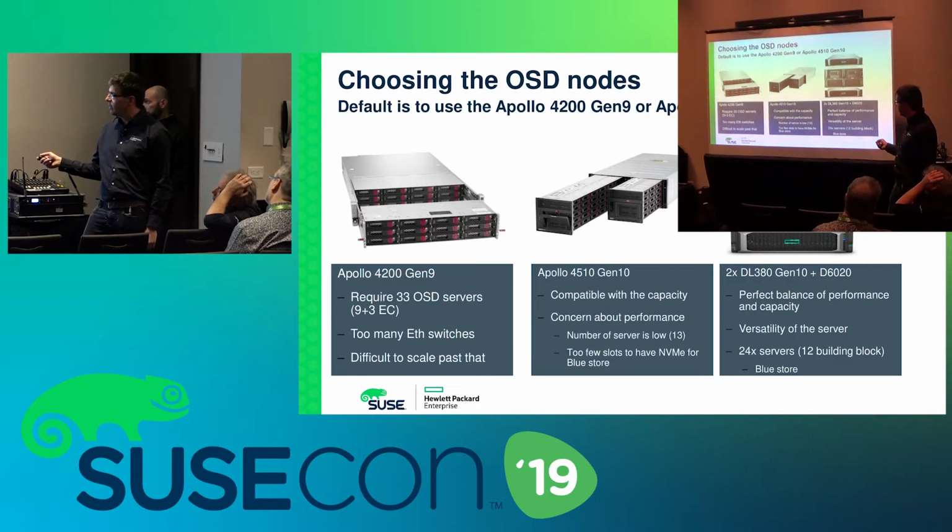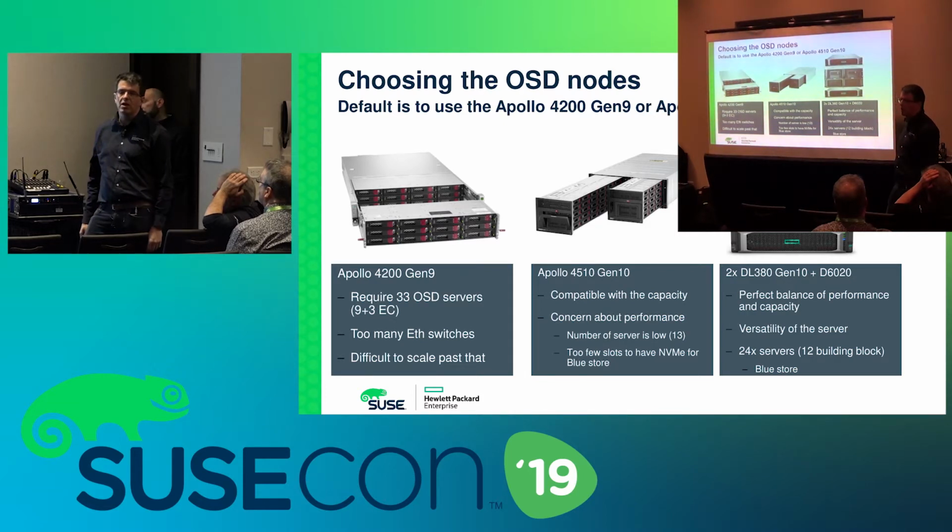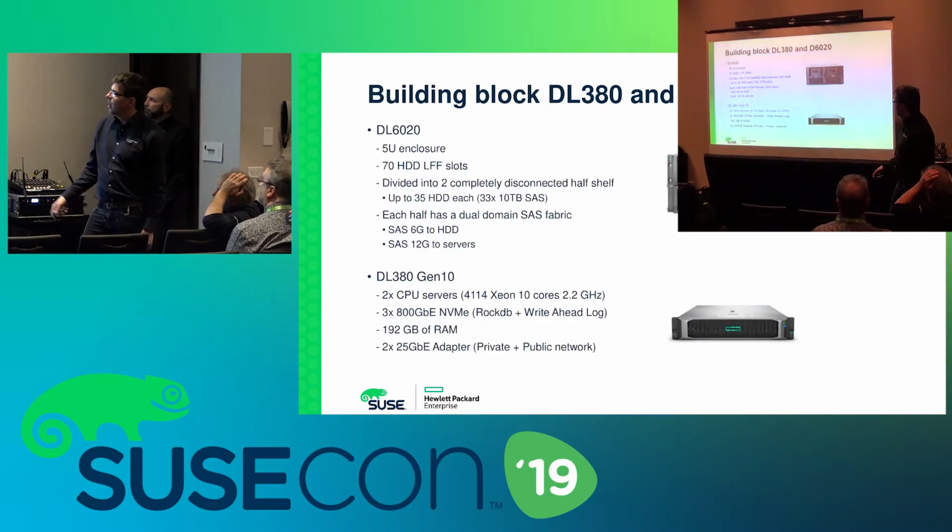Since we're using the DL380s, we have a lot of space for CPU and memory, but that's not a big issue. First of all, we can have up to 8 PCI Express slots. So if you want a lot of network, a lot of stuff in the back end, you can have them. And also, we can have a lot of NVMe in the front end, okay, if you need to. So that's a good thing.